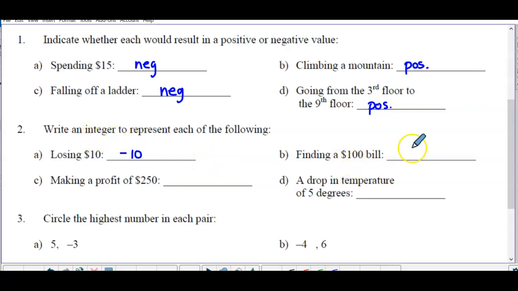Finding a $100 bill would be positive, and for positive we don't show a plus, okay, unless it's within an expression. Maybe you'll see a positive, adding a positive or subtracting a positive, but otherwise that's understood to be positive. Profit is a positive, making money. And drop in temperature would be a negative.